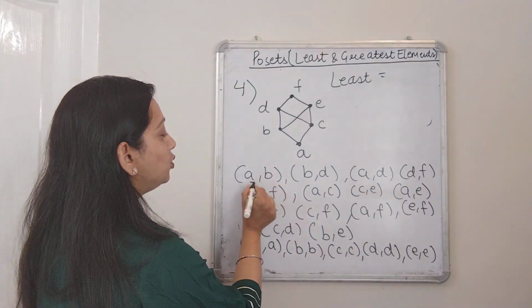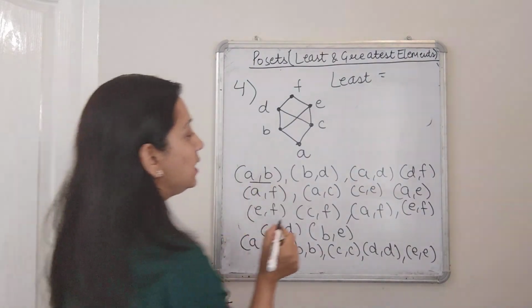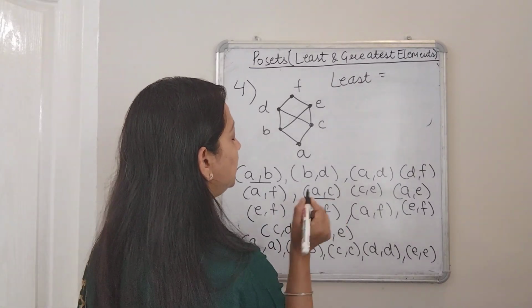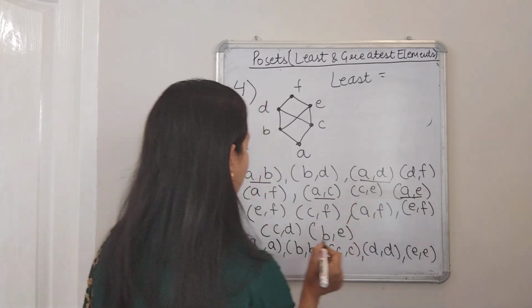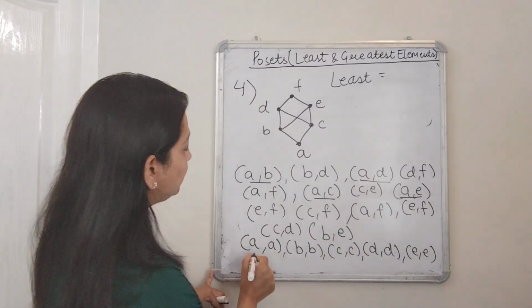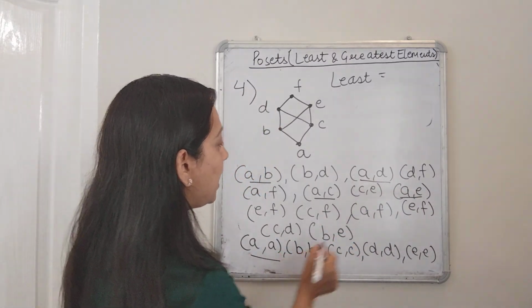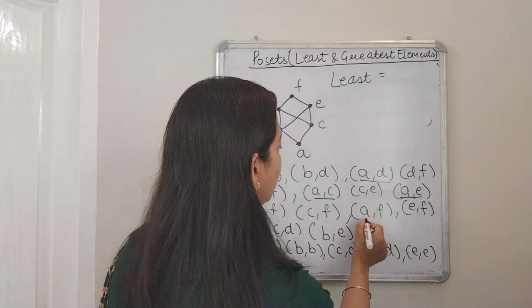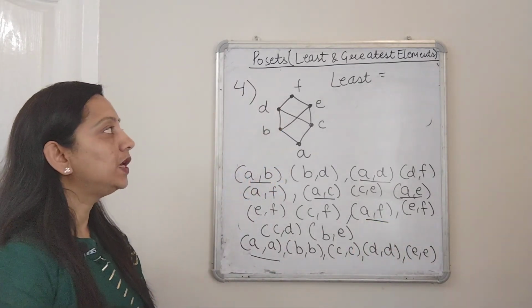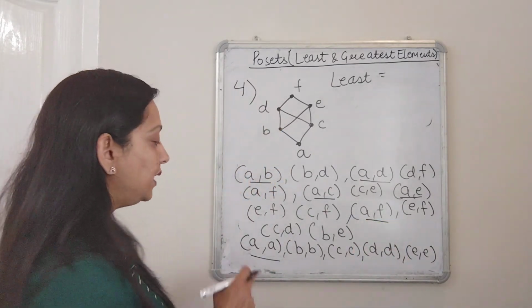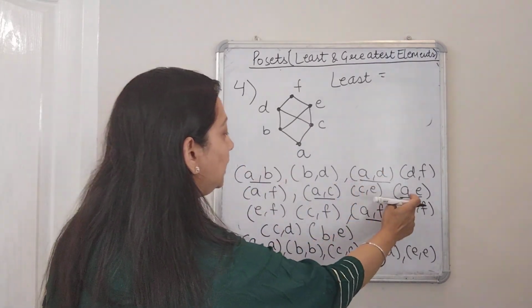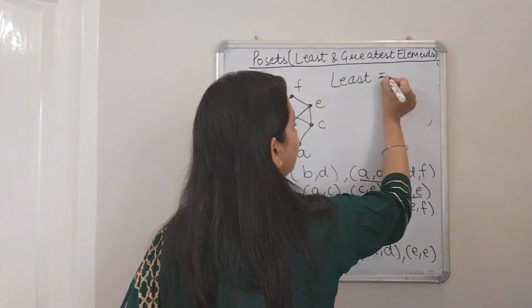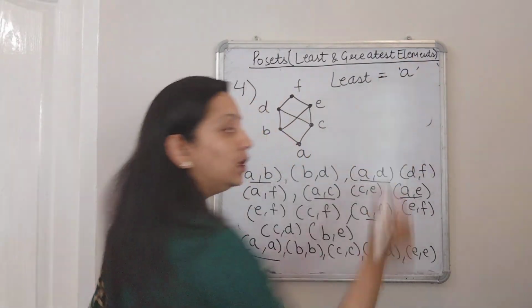A is related to B, then A is related to C, then A is related to D, A is related to E, A is related to itself of course, and A is related to F. That means A is related to all the elements of the set. A is related to itself, B, C, D, E and F. Hence I can say that A is the least element over here.